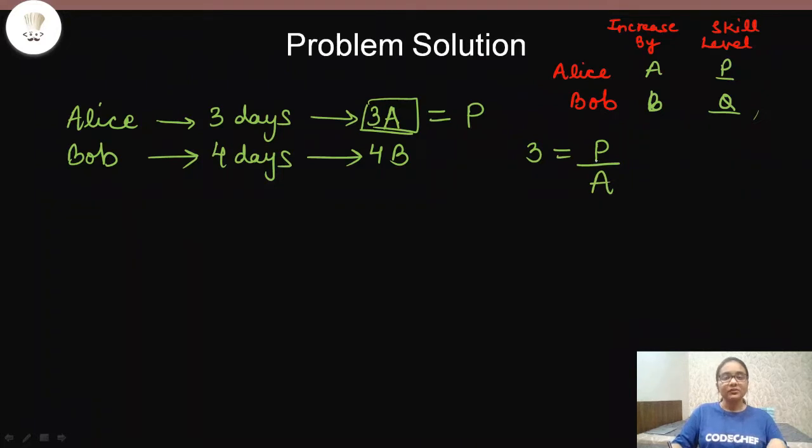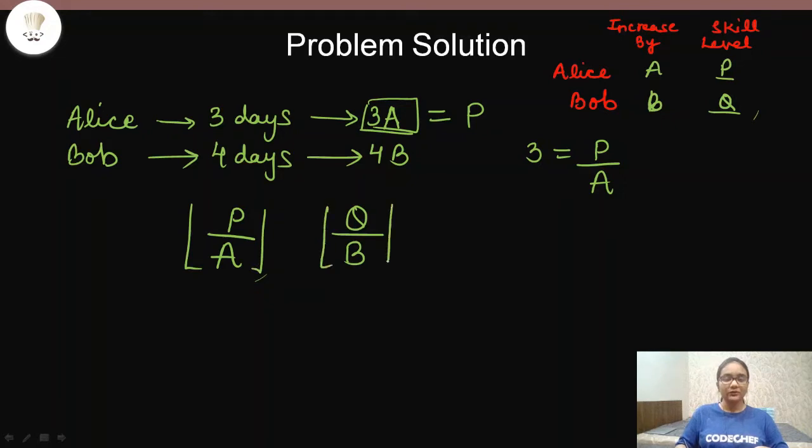So similarly, this equation P divided by A will give us the number of days it will be required for Alice to work so that she can achieve this skill level P. Similarly for Bob, we can say Q divided by B, and this division means integer division, or you can say the floor value.